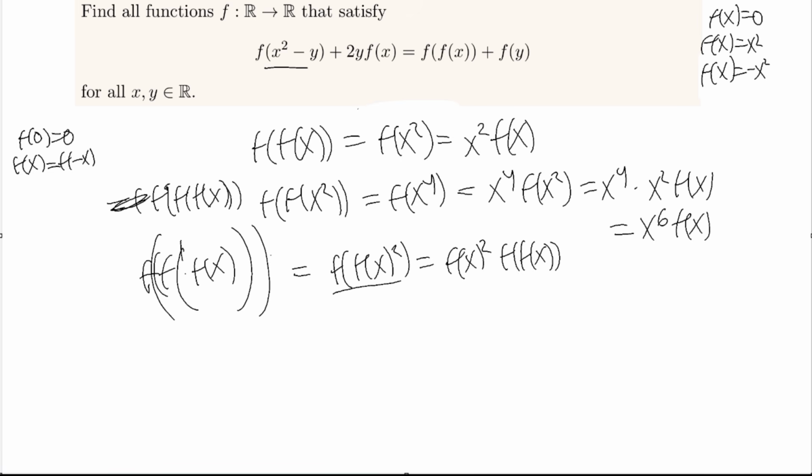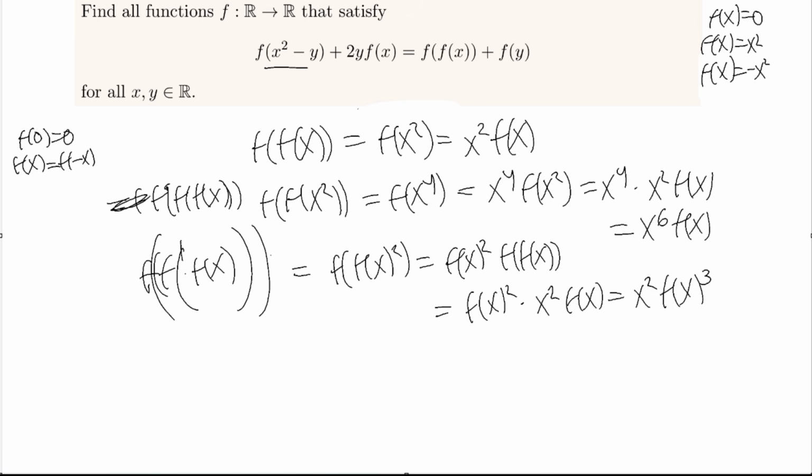Now we can't really do much with this one, but for this one, because we have f of x, we end up getting f of x squared times f of x squared here. But again, that's not super useful. So we can do x squared f of x. So x squared f of x cubed.